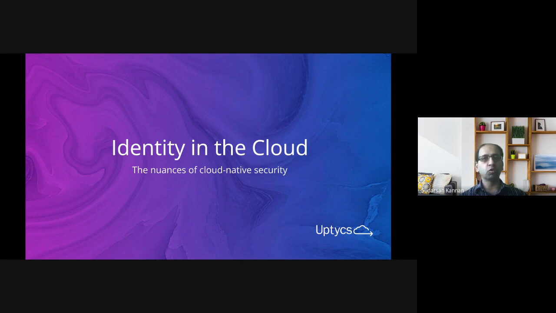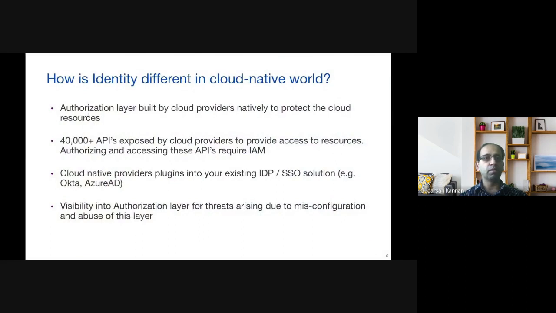When I say resource, on the GCP side it could be BigQuery, on the Azure side it could be Azure Tables, and on the AWS side it could be an S3 bucket. To access those resources across these three cloud providers, there are 40,000 APIs.